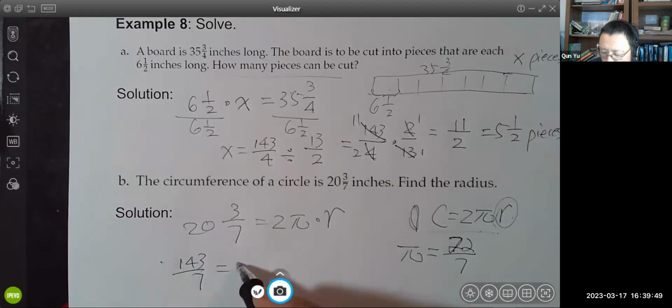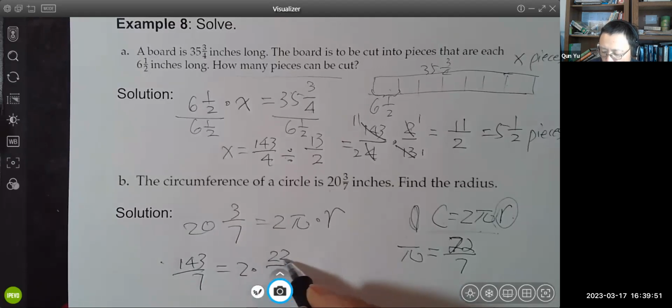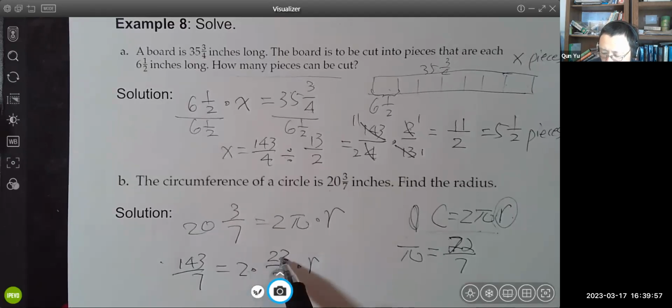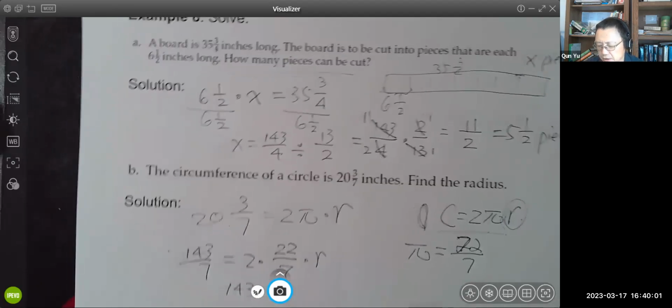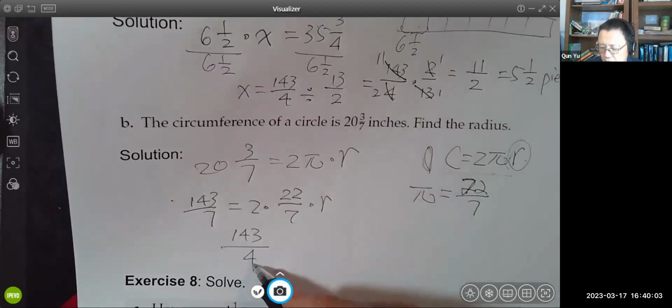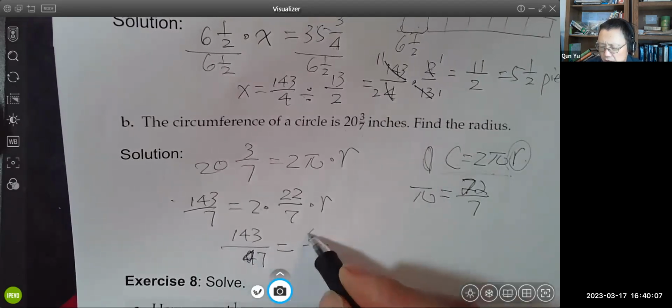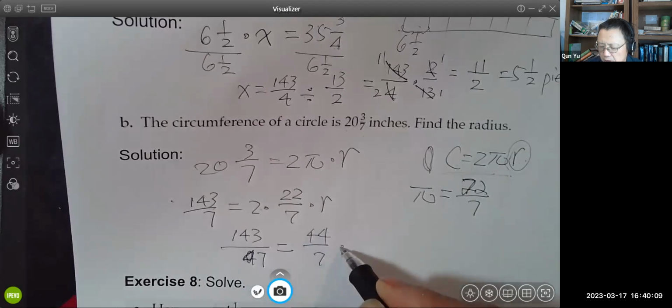143/7 equals 2 times 22/7 times r. Now 22 times 2 is 44. 143 over 7 equals 44/7 times r.